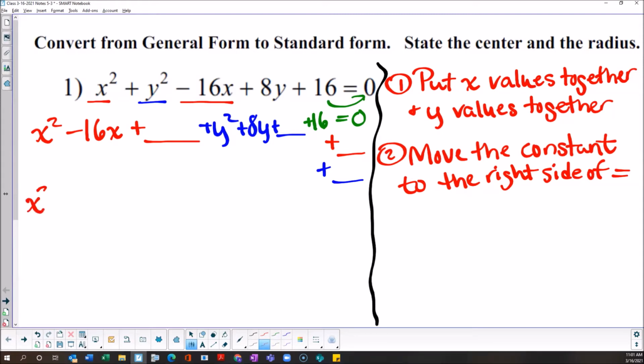So I have my x squared plus a blank, I have my y plus a blank, and then I'm going to end up with negative 16, plus something from the x's and plus something from the y's. Okay?